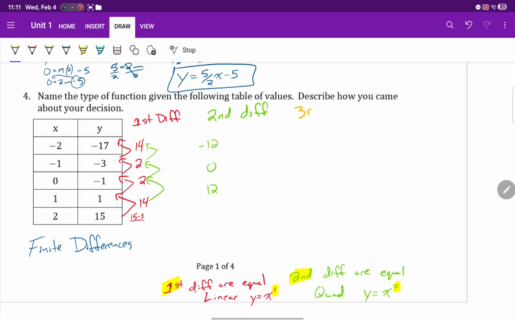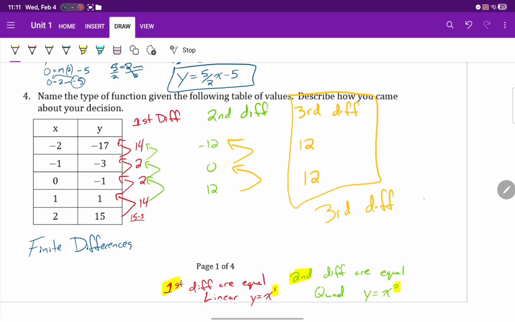So in this case, we are going to determine what the third differences are. When I do this, 12 minus 0 is 12, and 0 minus negative 12 is 12. Our third differences are equal. And if your third differences are equal, you have what's called a cubic function.